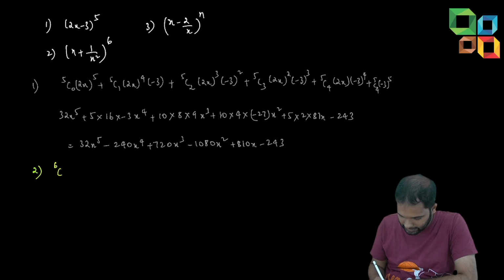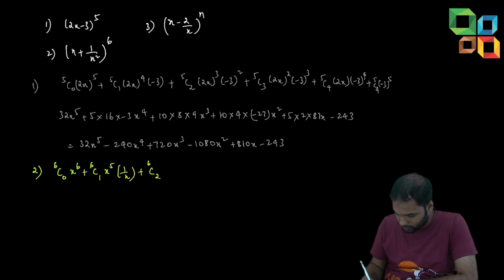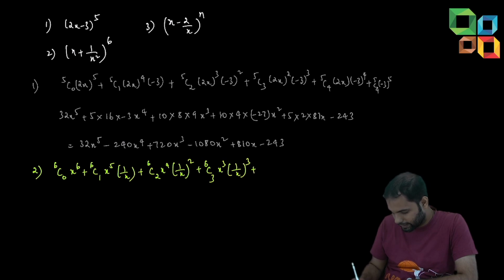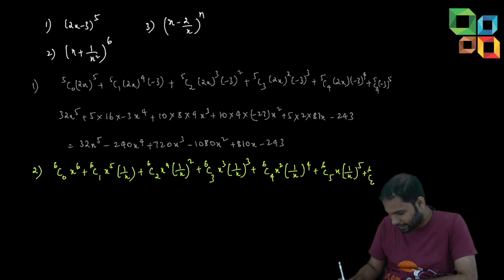So it will be 6c0 x power 6 plus 6c1 x power 5 into 1 by x plus 6c2 x power 4 into 1 by x whole square plus 6c3 x cube into 1 by x whole cube plus 6c4 into x square into 1 by x whole power 4 plus 6c5 x into 1 by x whole power 5 plus 6c6 into 1 by x whole power 6.